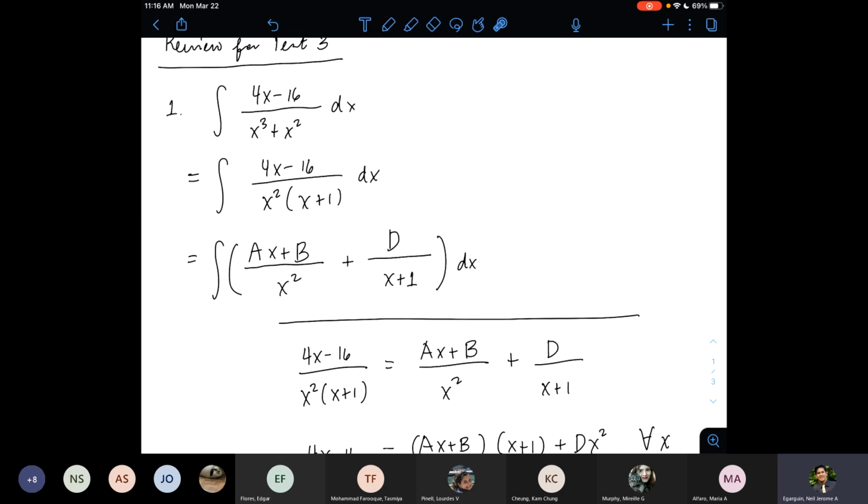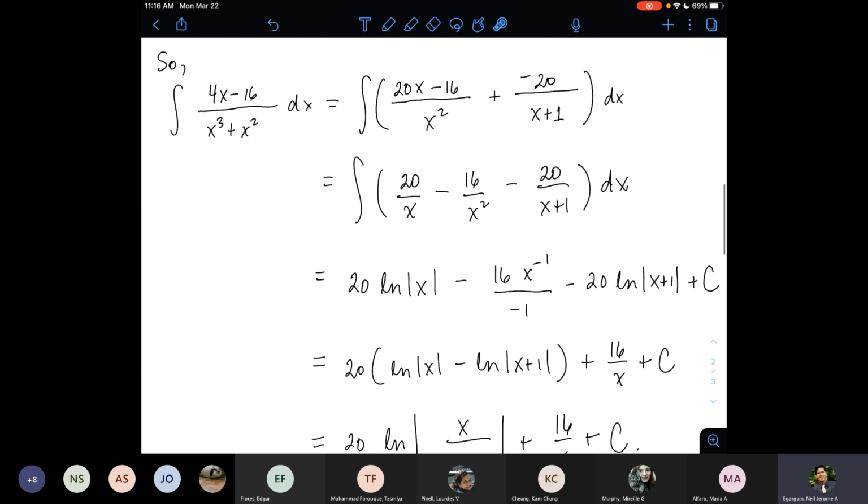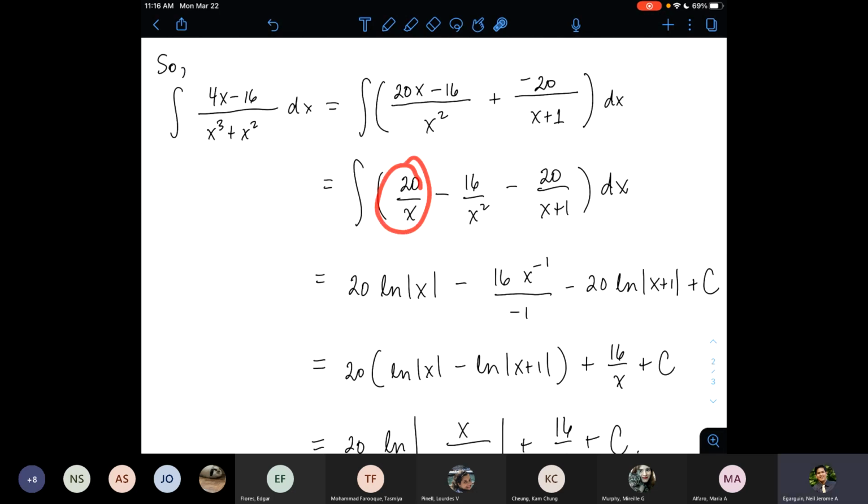So you have a over x plus b over x squared. But actually, that's also what happened here. So I have a over x, b over x squared. They are equivalent. So yeah.